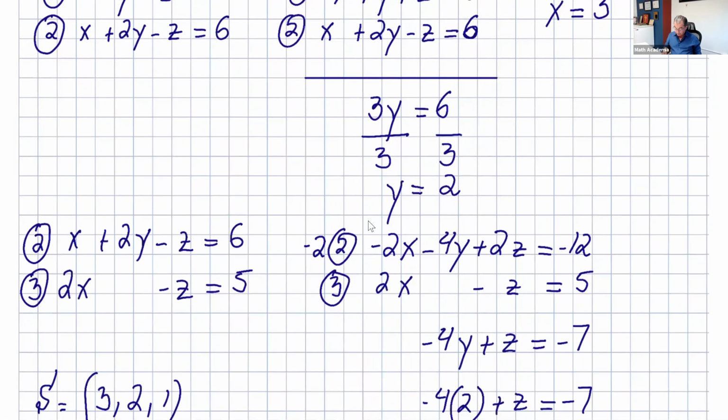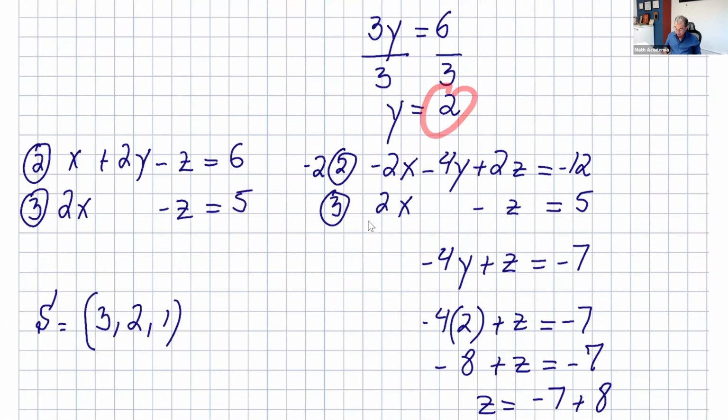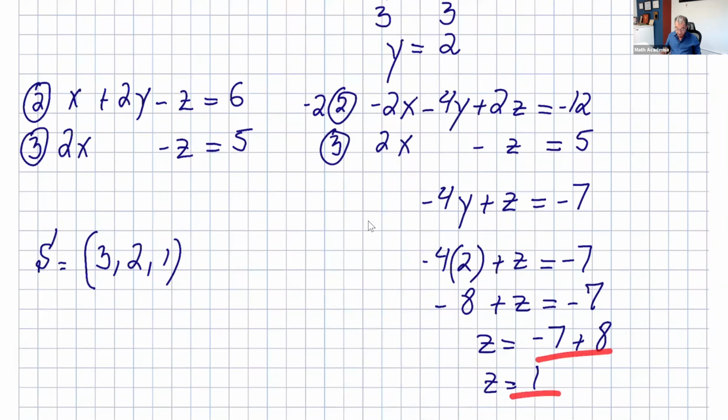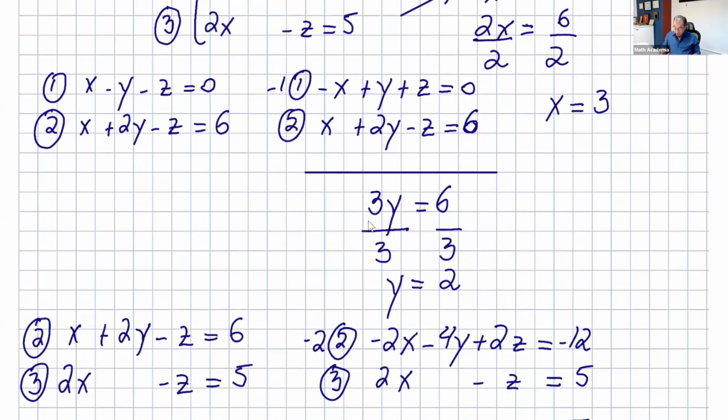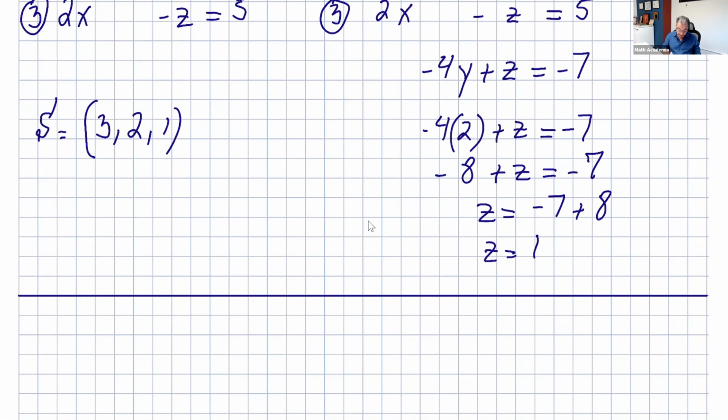If we add them, the x terms cancel, and you're left with -4y plus z equals -7. We have y, so you substitute, and you get -8 plus z equals -7. Isolate z, and you get 1. So we have all three of them. Again, this system has a unique solution. These are 3 planes intersecting in one point, and the coordinates of that point are 3, 2, and 1.